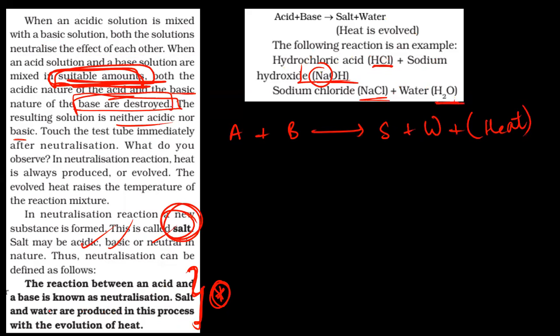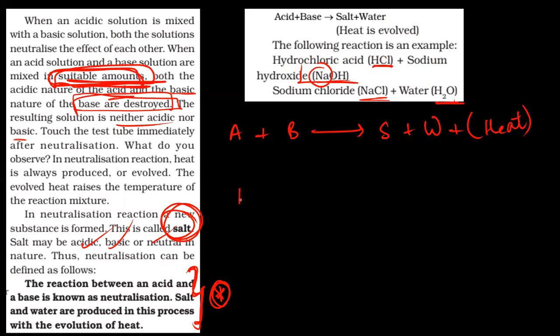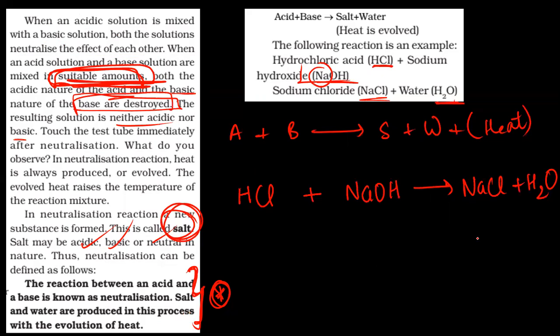We will react them and see how exactly this reaction is happening. HCl plus NaOH gives me NaCl plus H2O. Plus heat is also there. We will leave that for now.